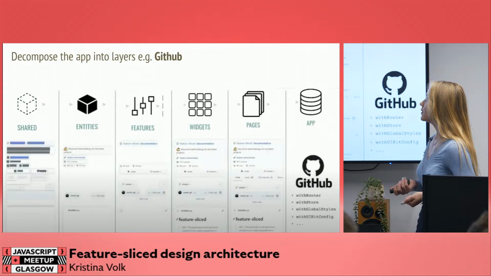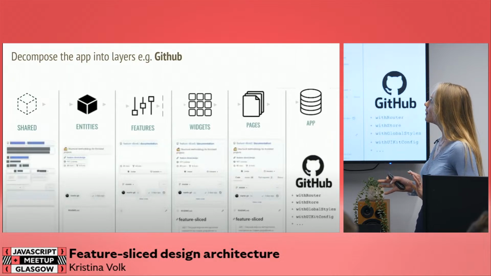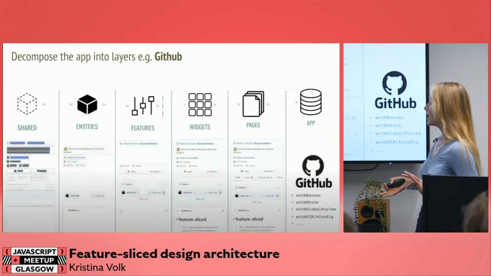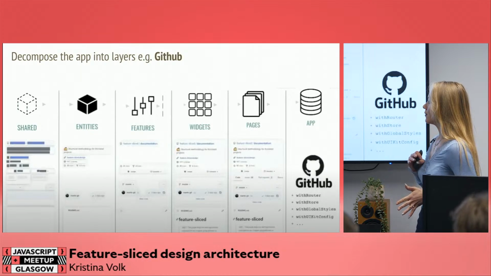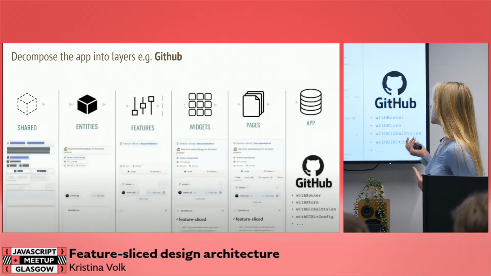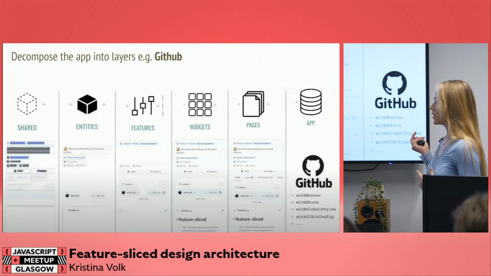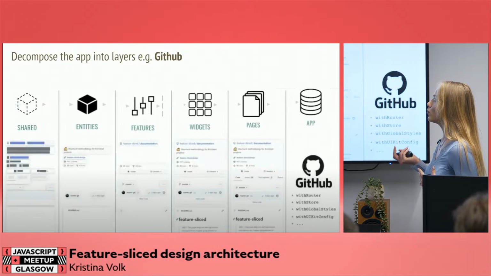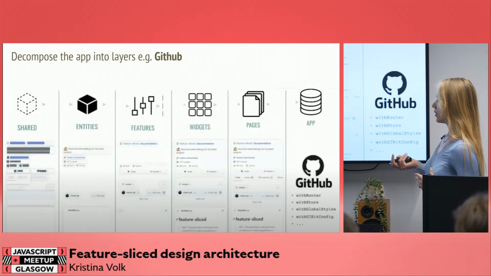So let's just quickly have a look at the example with GitHub. So we have our shared, our UI kits. We can combine them into entities, then into features, widgets, pages, and like our app is ready. So there is a very important rule about all the layers.